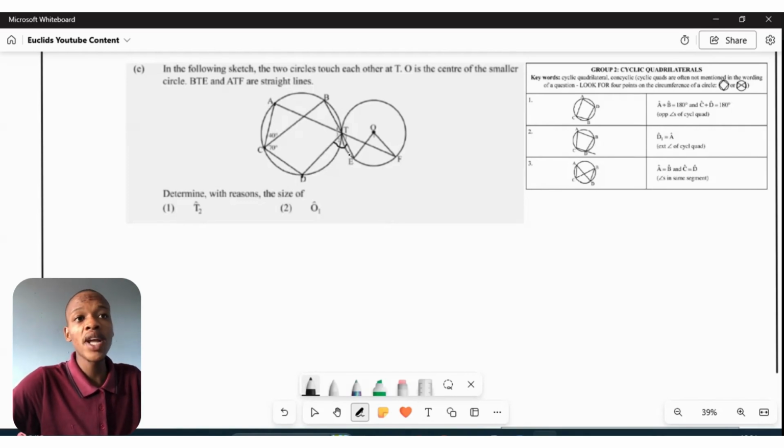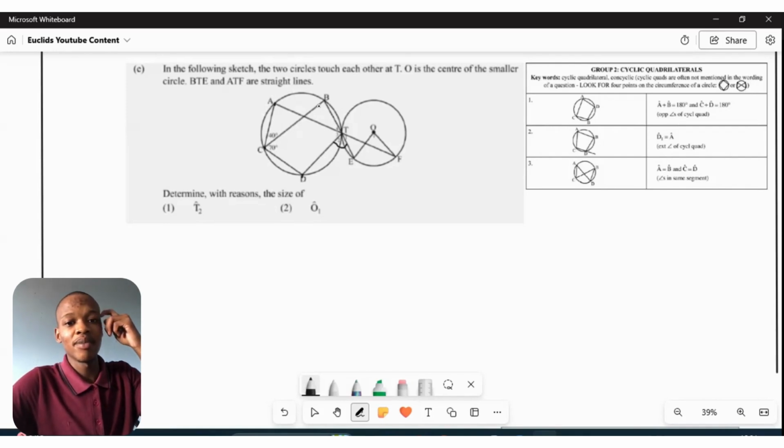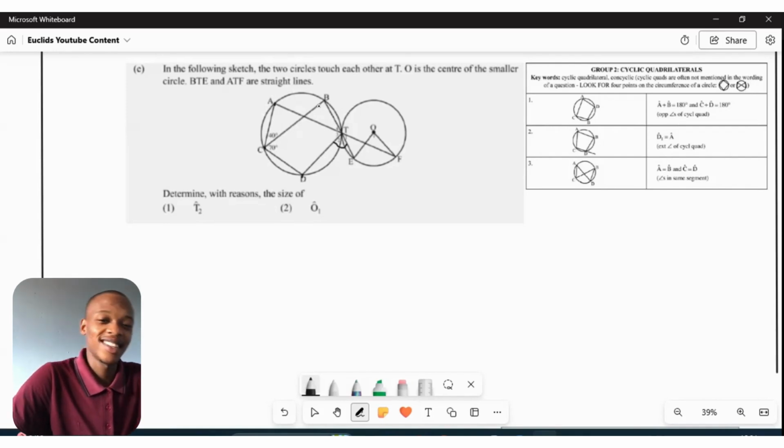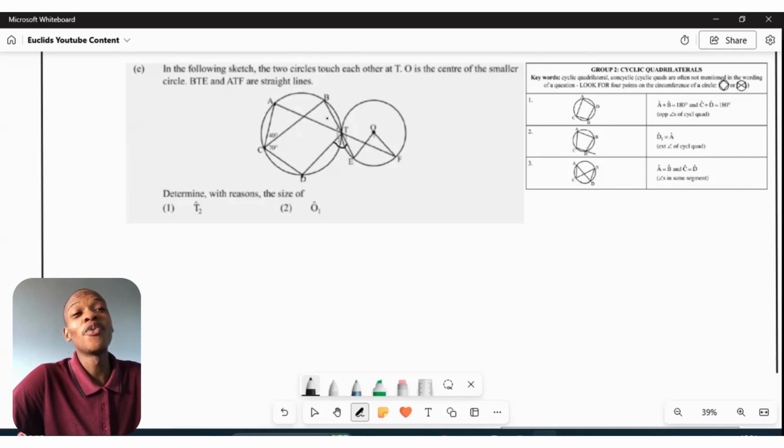But where does this line BE fall? Where does this line add up to form a cyclic quad? It's adding up on cyclic quad C, D, T, B. Exactly, that's why it's adding up to form a cyclic quad.